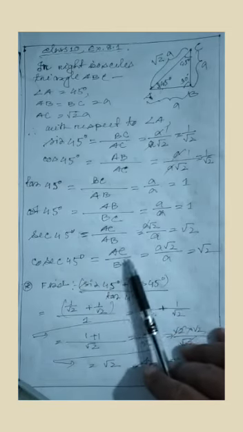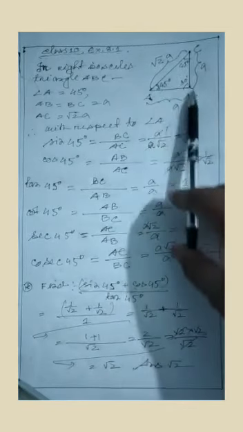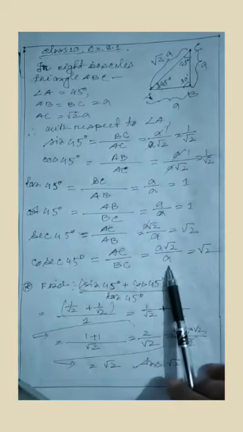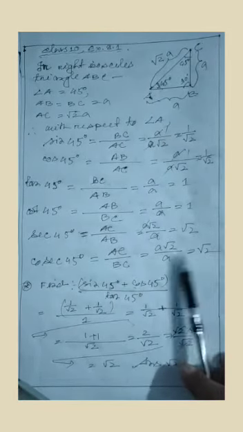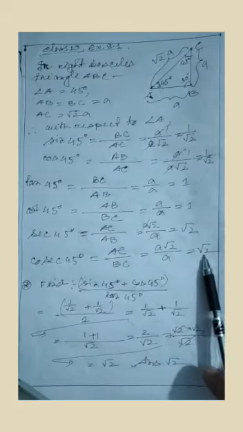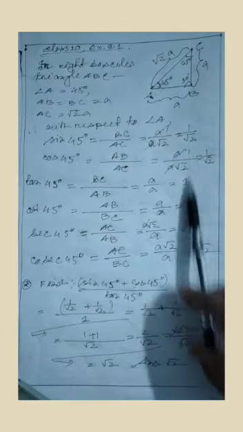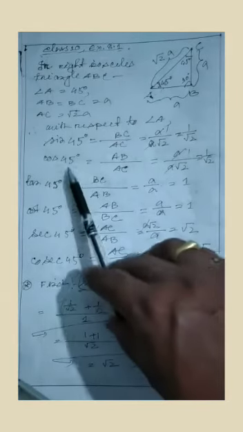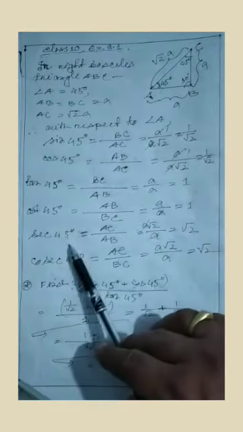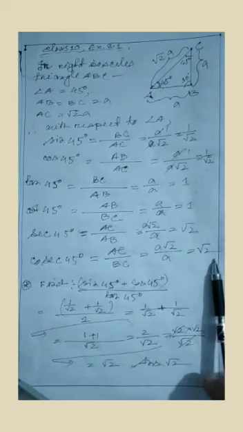Cosec 45 degrees equals H by P. So AC by BC, a root 2 by a, so cosec 45 degrees equals root 2. If you see in the table, you will get these values like cos 45 1 by root 2, sec 45 root 2, etc.